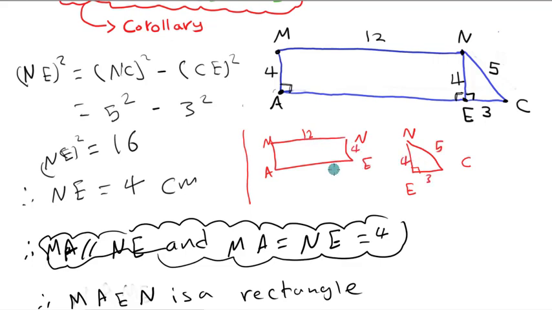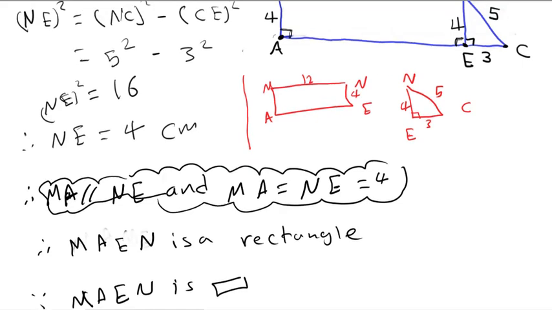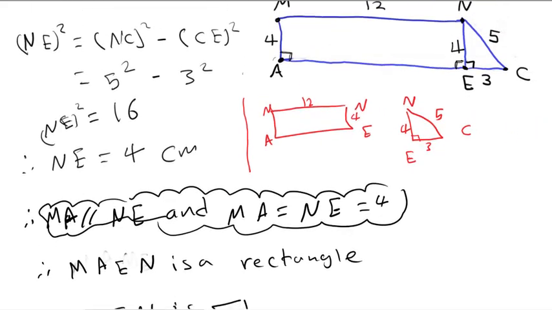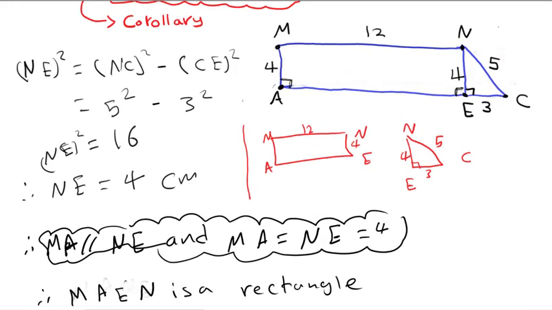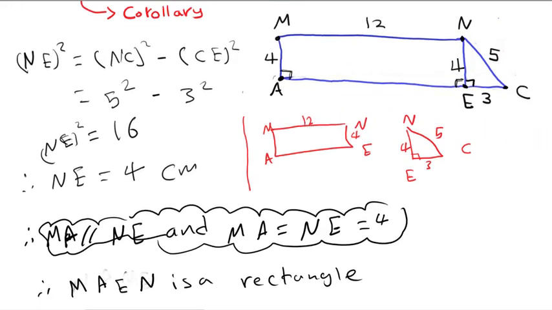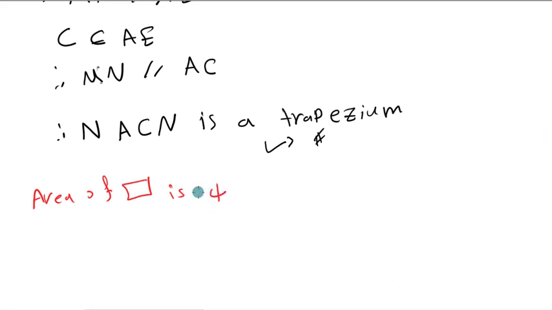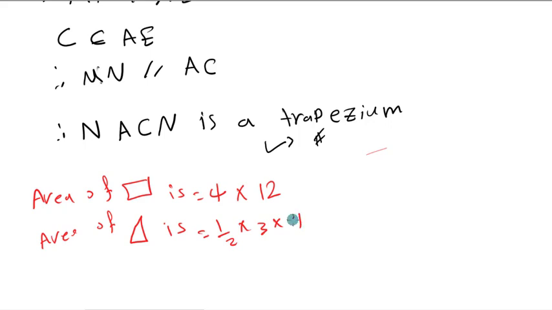I will calculate the area of each one of them. The area of the rectangle is 4 times 12, and the area of the right-angle triangle is half times 3 times 4.